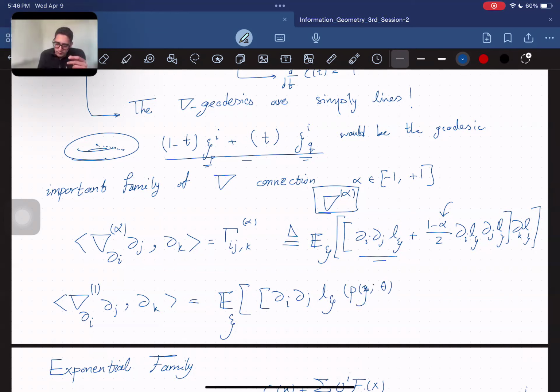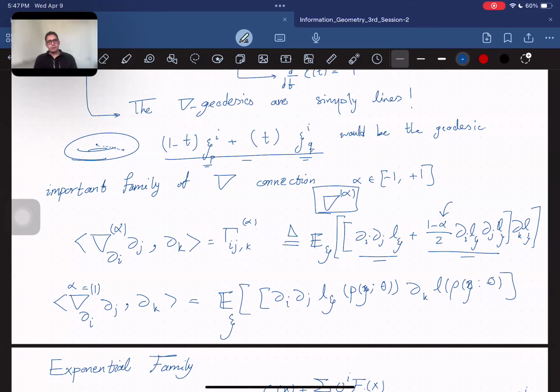And then because I wanted to put alpha equals 1, this whole thing is 0. And then all I have to add is this, theta. Okay.